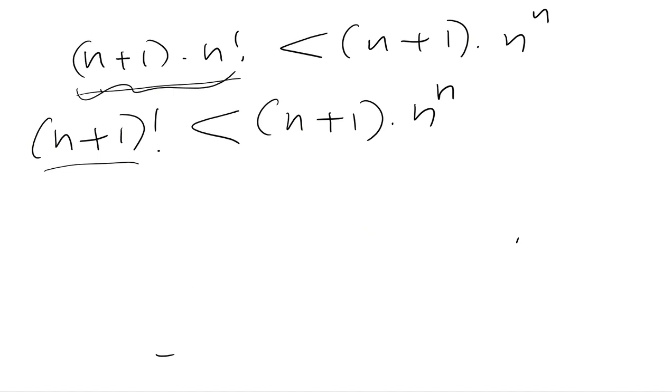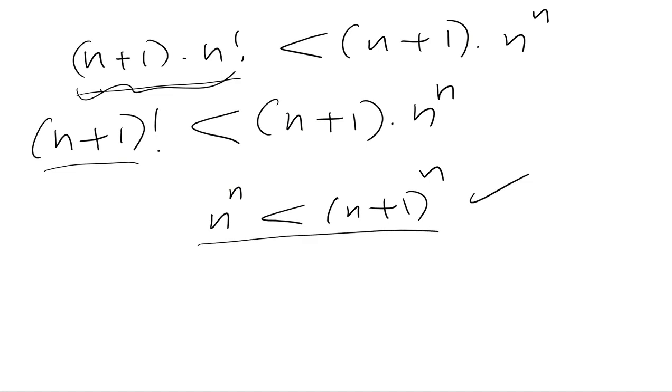Now we have this expression. Another observation is that n to the n is always going to be less than n plus 1 to the n, right? Because n is an integer and n is greater than 1, this inequality is always going to be true.